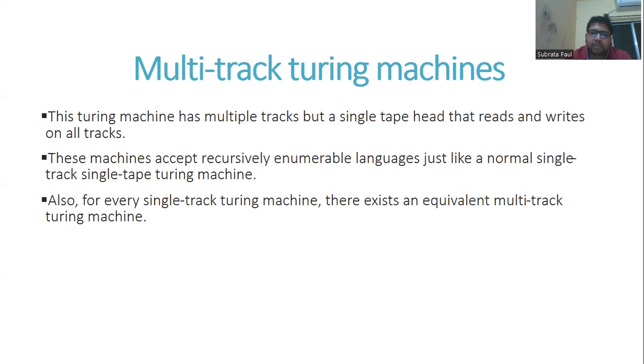Also, for every single track Turing machine, there exists an equivalent multi-track Turing machine. It is similar to the single track one, and for a single operation it will read and write on all the different tracks. This is the multi-track Turing machine.